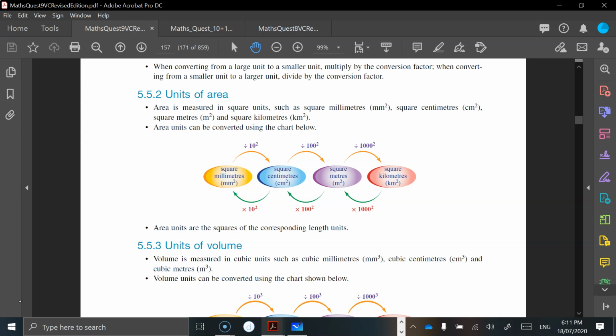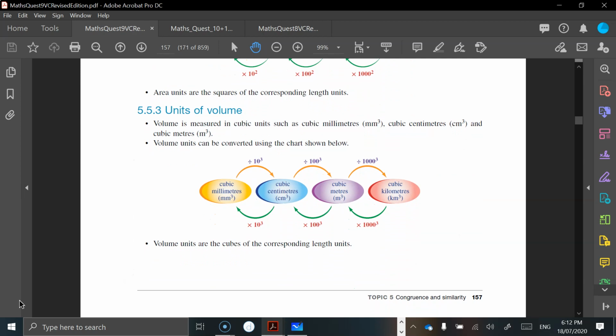Going from centimeters squared to meters squared, it's not 100, but 100 squared, so you don't move the decimal point 2 times, you move it 4 times. This is just a recap from our measurement chapter, and I really encourage you to revise over that.